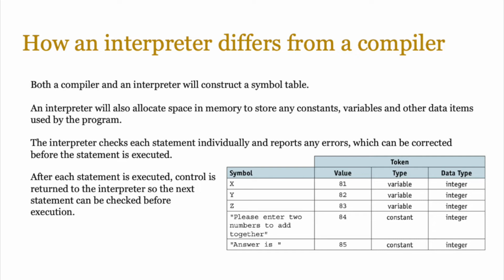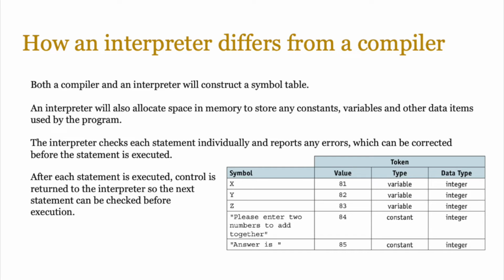And then the interpreter will check each statement individually and report any errors which can be corrected before the statement is executed. So if print is token number 30 and you typed it incorrectly, the token would be wrong, and then it knows that there's a problem with it. After each statement is executed, control is returned back to the interpreter, so the next statement can be checked before execution.